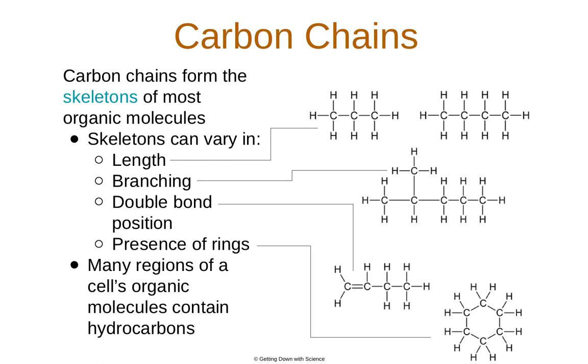So if we look at the pieces of these carbon chains, the backbone, the C attached to a carbon, attached to a carbon, attached to a carbon, those are called the skeleton. And the skeletons, they can vary in length, they can vary in their branching, they can vary where the double bond is positioned, they can also vary in how their rings. You can have a ring that has double bonds. So there's a good variety there.